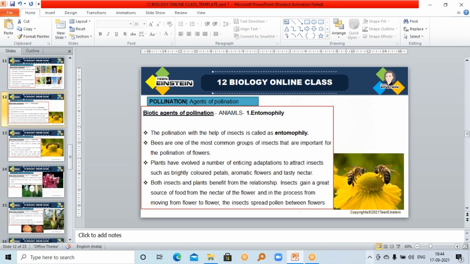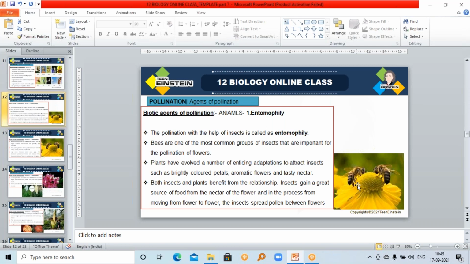So in this type, both insect and plants will get benefit from this relationship. How? The insect will get a source of food in the form of nectar, right? When the insect is going and sitting on this flower or this anther, it is going inside the flower to collect the nectar.